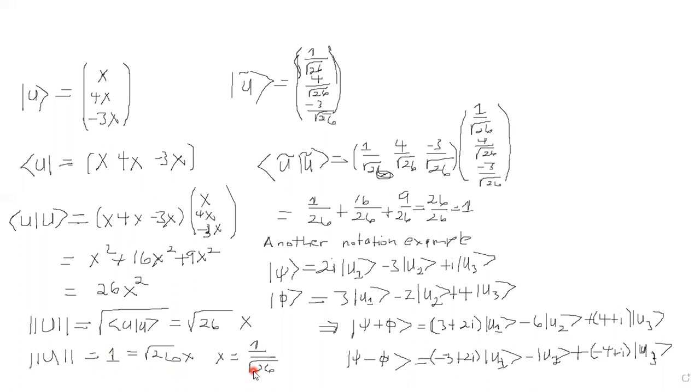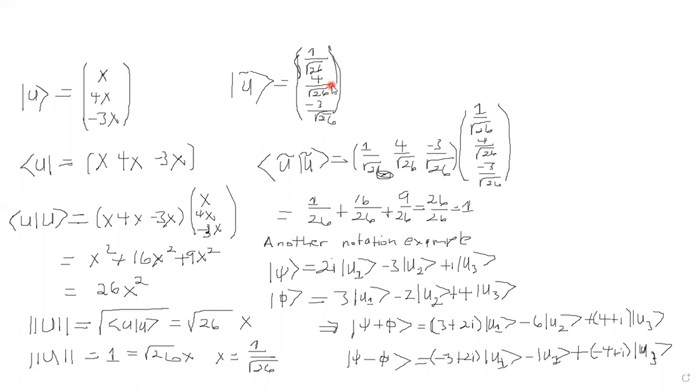And we have a new, not necessarily similar, column vector, which is what we have here when you do the normalization.